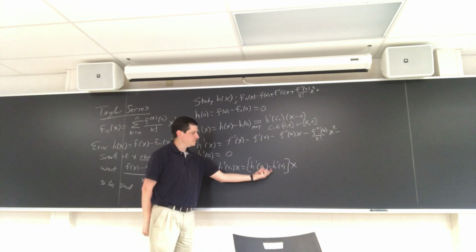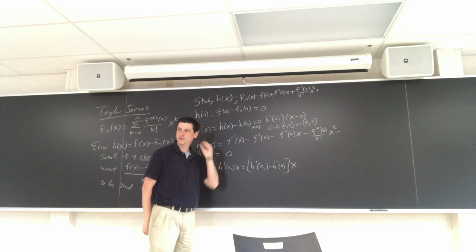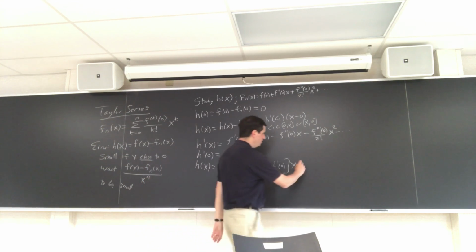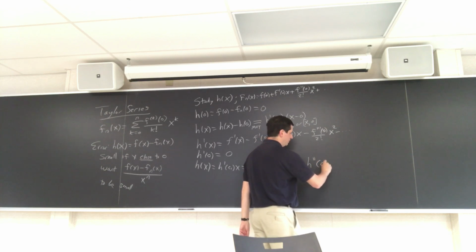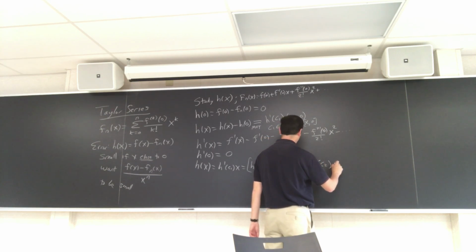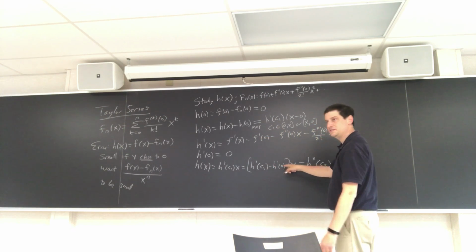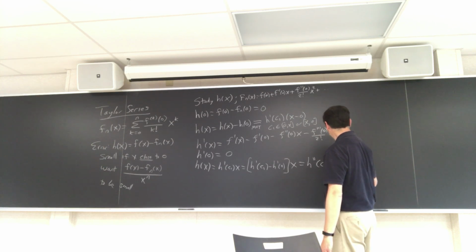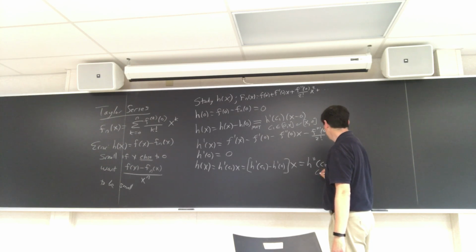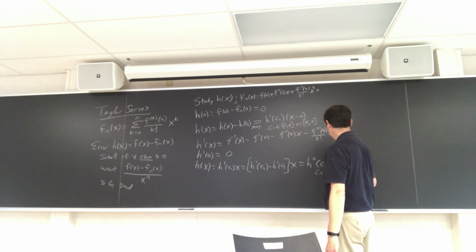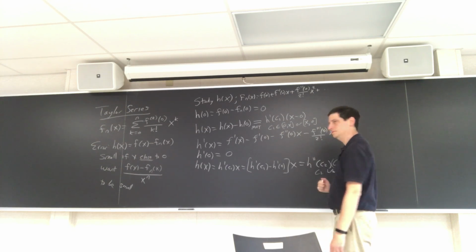What can we do for h prime of c1 minus h prime of 0? Mean value. And so this will be h double prime of c2, and then we'll have c1 minus 0 times x, where c2 is between 0 and c1.